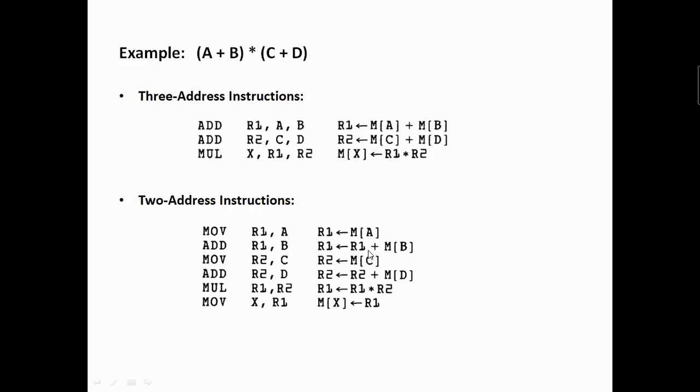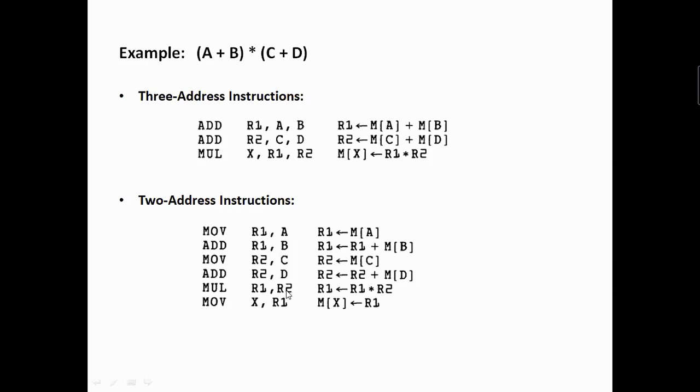So this operation will be performed. Then for C and D, we will do a similar thing. First bring C into R2, then ADD R2, D, meaning D will be added to the contents of R2 and the answer will be stored in R2. And now we have A plus B in R1 and C plus D in R2.